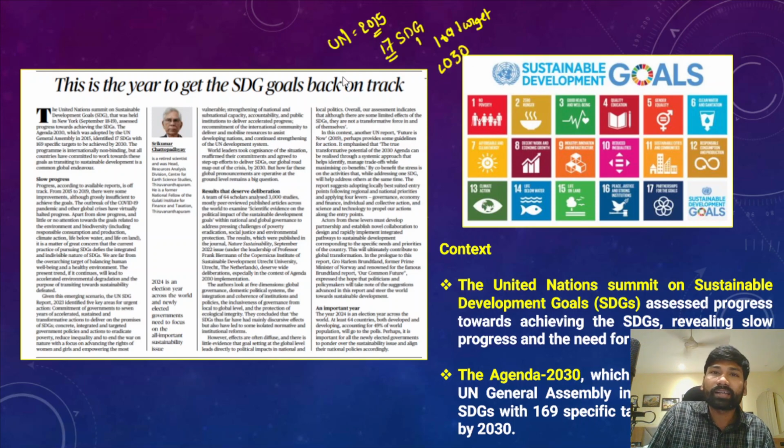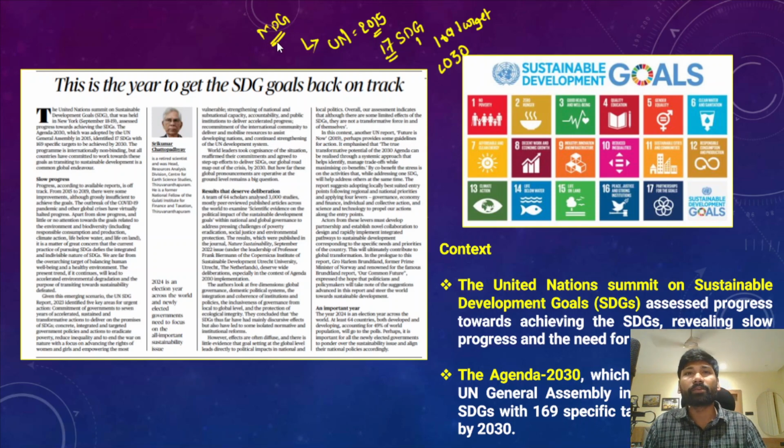Please also understand that the Sustainable Development Goals of the United Nations were built on the earlier success of the Millennium Development Goals. The targets of the Millennium Development Goals were largely achieved. After that we launched more ambitious global targets. Those are the Sustainable Development Goals.